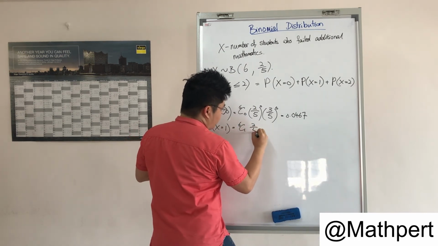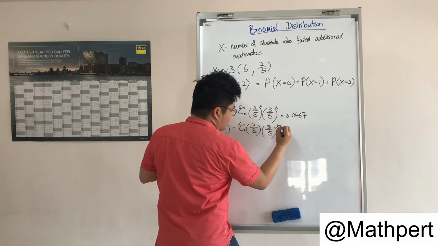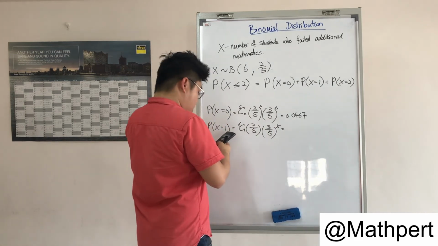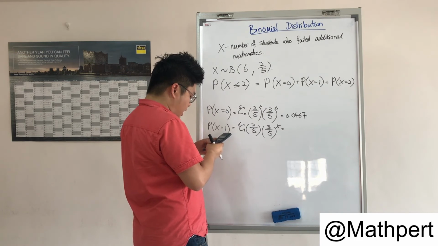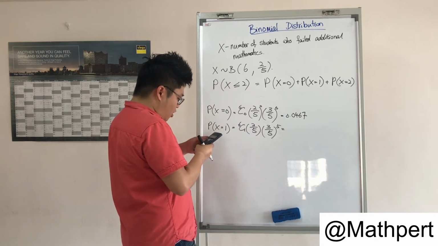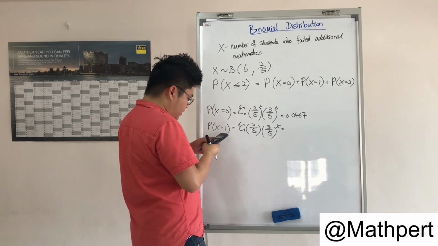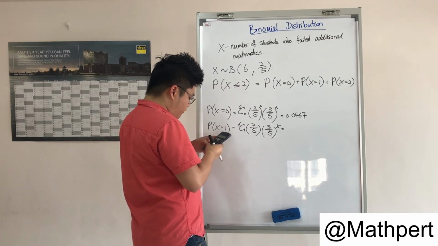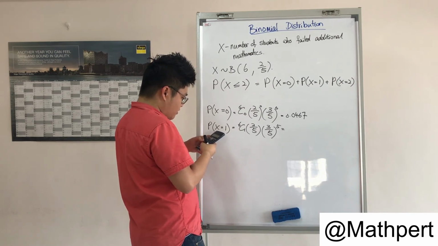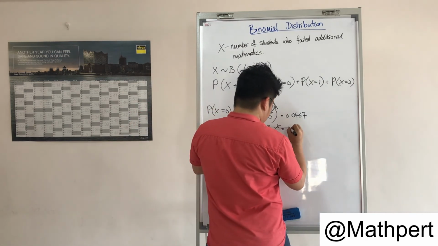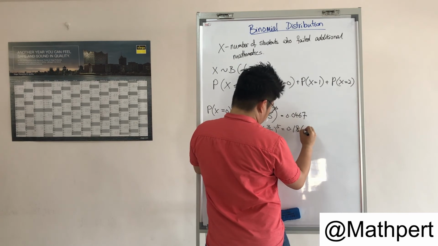Then P(X=1) is 6C1, 2/5 power 1, 3/5 power 5. So 6C1 is 6. 6 multiplied by 2 over 5, then multiplied by 3 over 5 power 5. We get 0.1866.